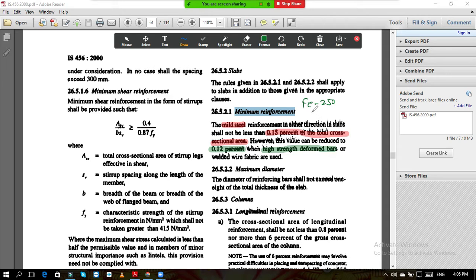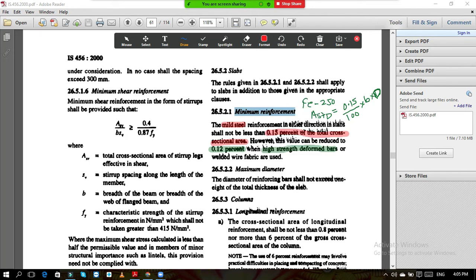So your distribution steel, the notation for distribution steel is Ast,d, which is equal to 0.15 divided by 100 multiplied by the gross cross sectional area or total cross sectional area. The total cross sectional area has width B, and you should take the overall depth D. Why are we taking the overall depth here? Because they told us to take the total cross sectional area into account.